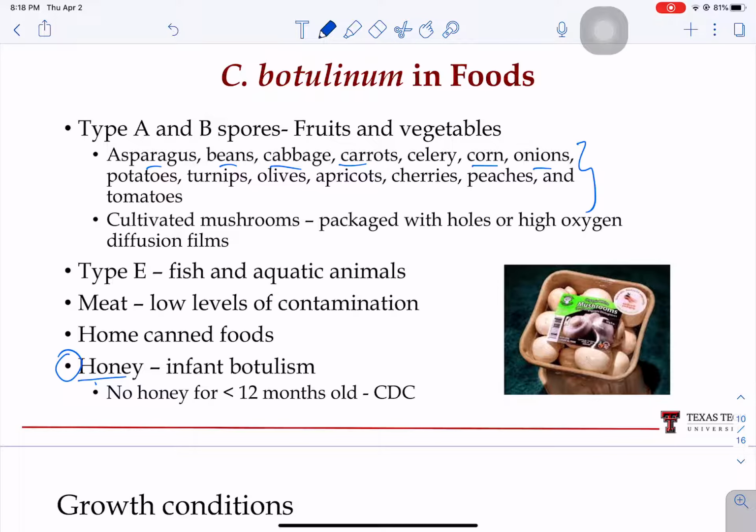A higher frequency of this bacteria has also been found in honey. There is one specific type of botulinum that will cause infant botulism and is directly associated with honey. So in fact, there are regulations associated with the production of honey to prevent contamination with Clostridium botulinum.